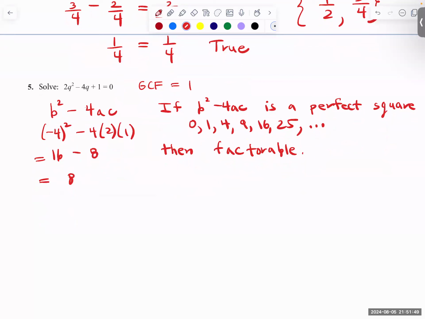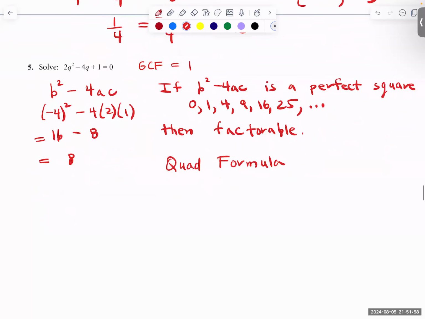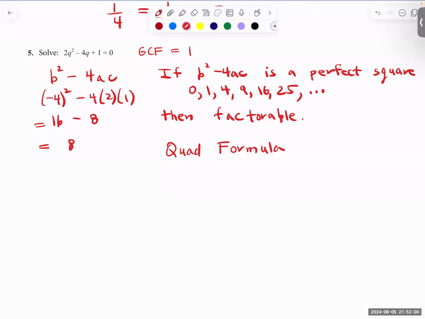So by the quadratic formula, we can solve to find the two roots. We have not x equals, but q is our variable, equals negative b.